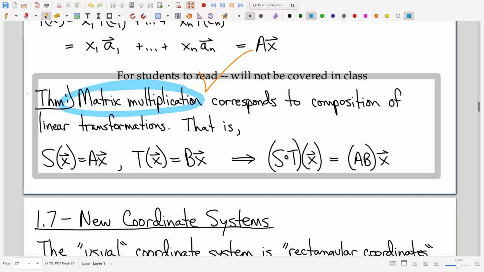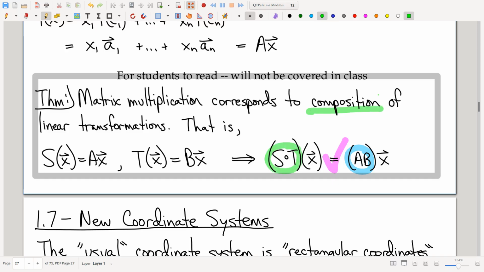That is what the formula has to be to have matrix multiplication correspond in the usual way of how linear transformations relate to matrices, to have matrix multiplication correspond to composition. Right?